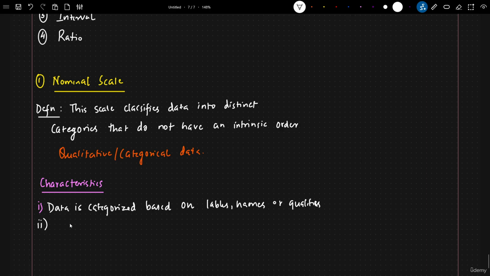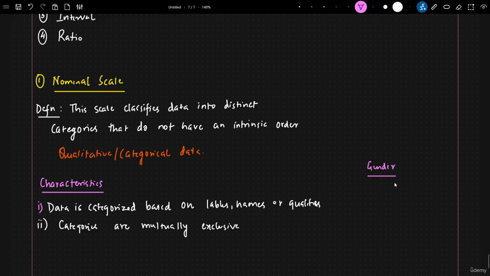Second point: the categories that are defined in this kind of nominal scale are mutually exclusive. Now what does this basically mean? Let's say I have a feature called gender.